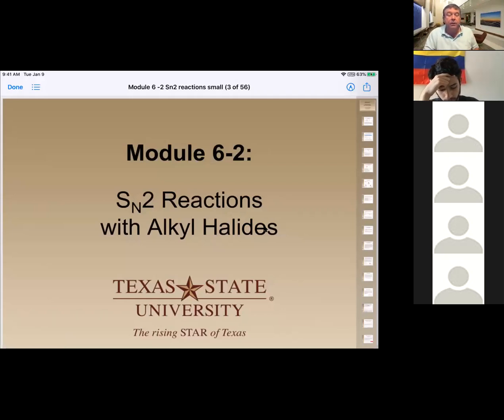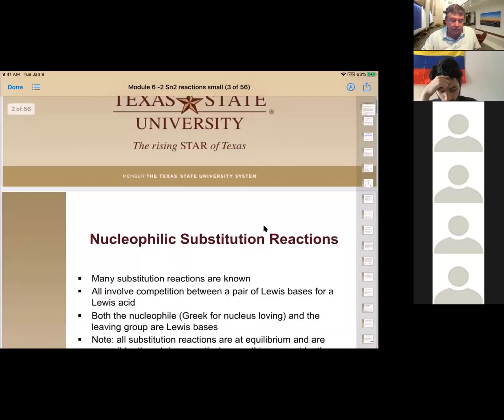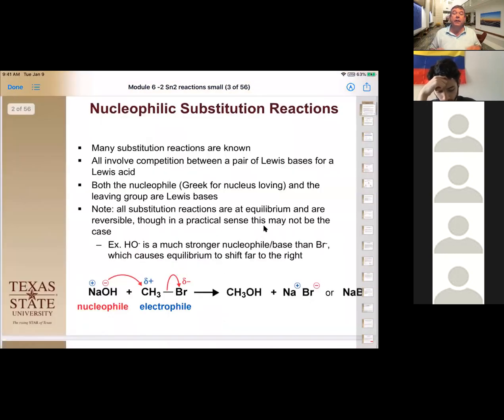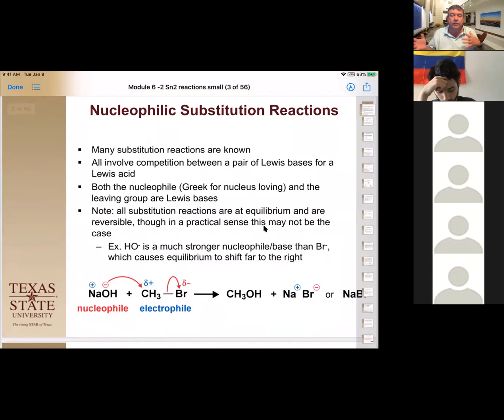We're going to look at the SN2 reaction, specifically as it involves alkyl halides. It's a great place to start because it lets us use a lot of terminology and get the mechanism down. So the first thing we want to do is define SN2.